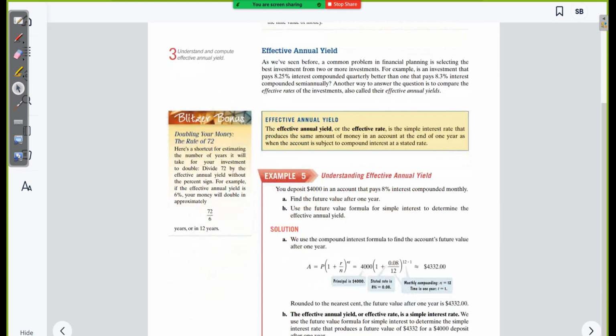Okay, so effective annual yield. One moment.